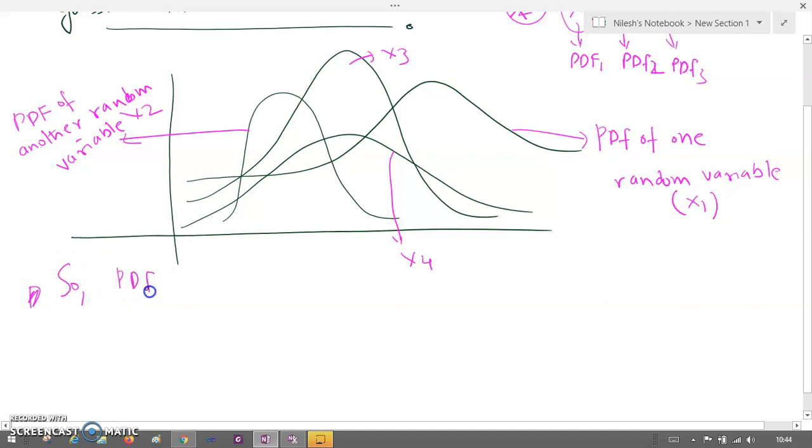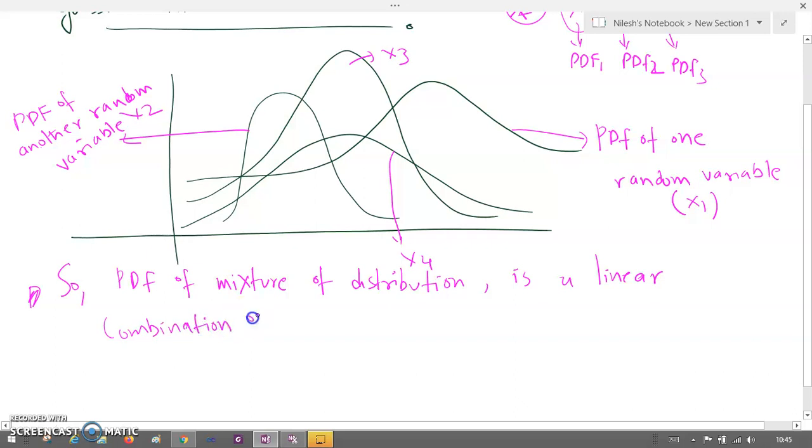The PDF of a mixture of distribution is a linear combination of these individual PDFs.